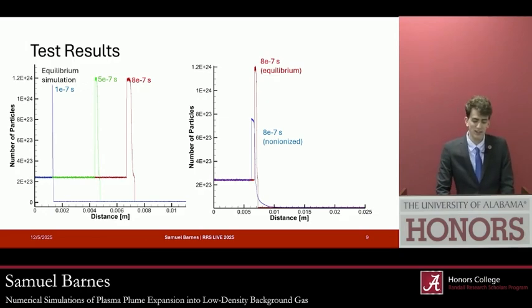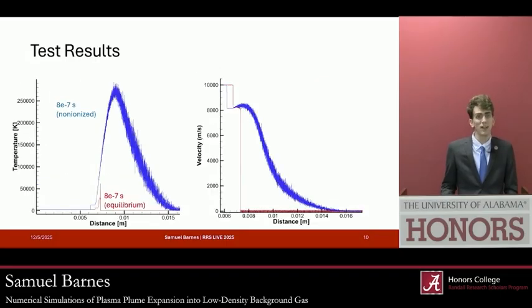So this graph is a comparison of the equilibrium and non-ionized number distributions, and we can see that they're similar but not exactly the same. So we have the same number of particles, I believe, in the wave, but this distribution is slightly different.